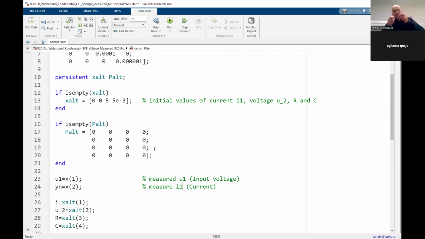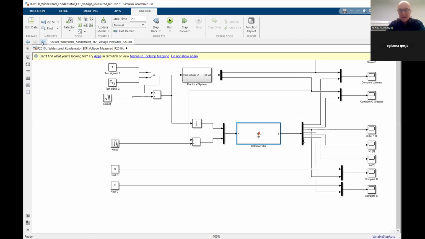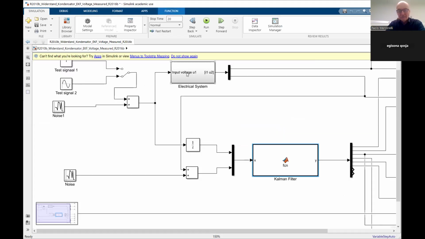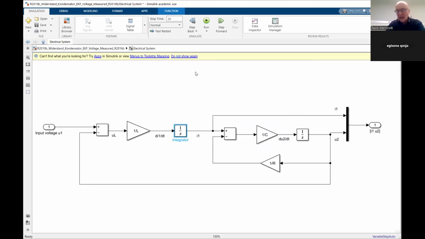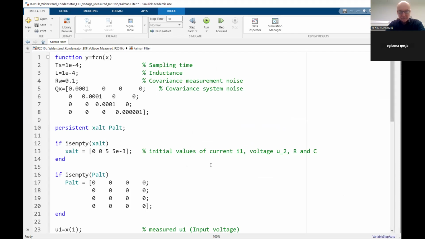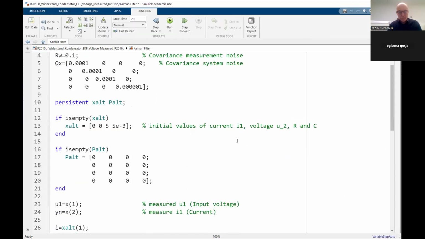Let me check because I'm not sure which file I am using. Is this written as voltage measured? Let me see. Yeah, it's not voltage. This means it's just an error in the comment here. This means I have to write U2.